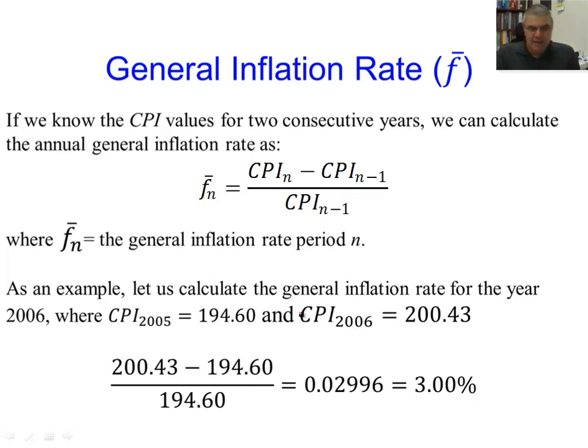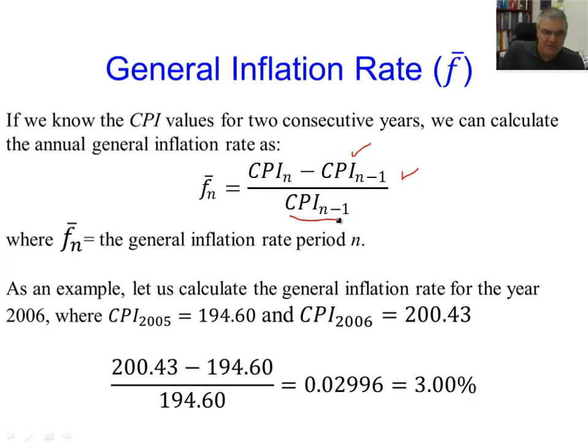I like F sub n bar. It is CPI sub n minus CPI sub n minus 1, that's the year before that, the year prior to year n, divided by the consumer price index of the previous year, which is CPI sub n minus 1.